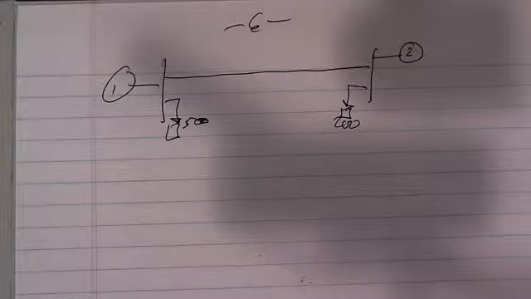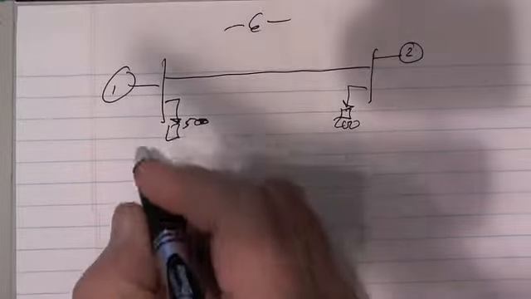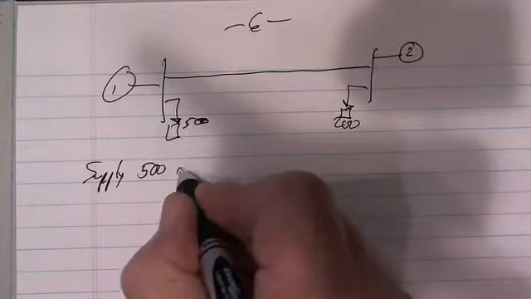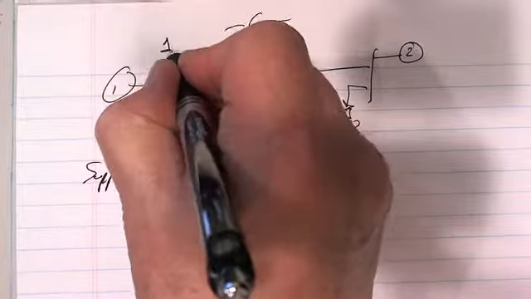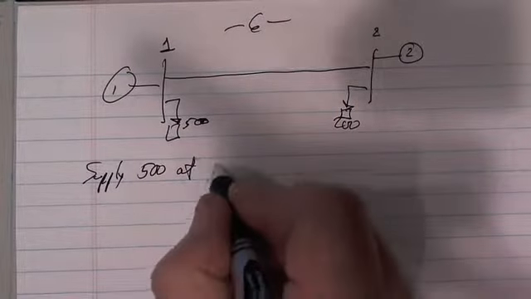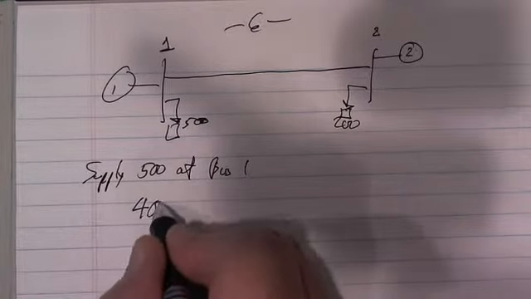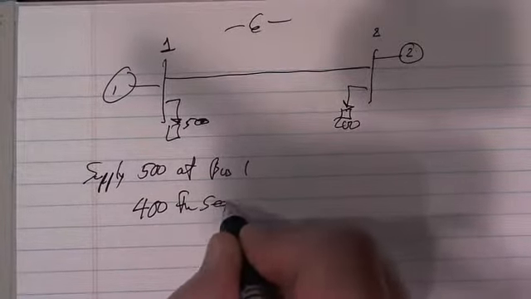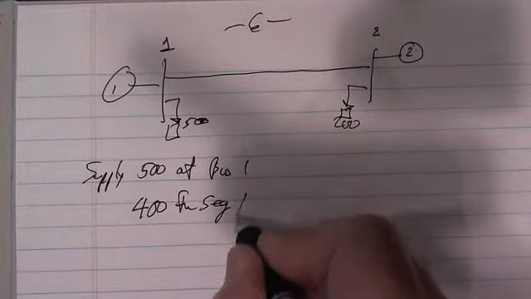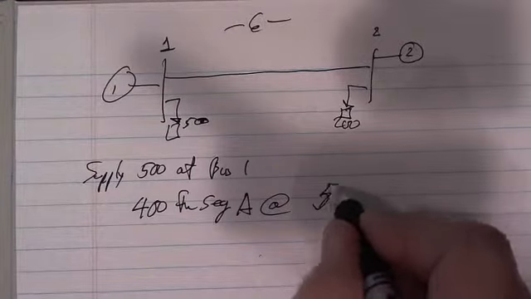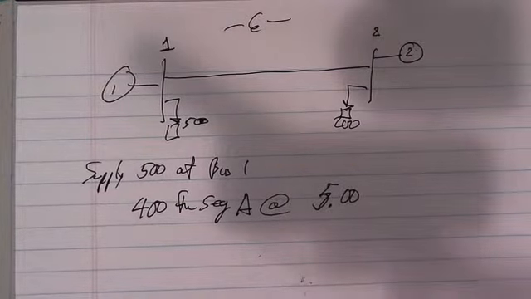Well, I'm going to start with the cheapest. Supply 500 at bus 1. I'm going to buy 400 from segment A at 5.00. In fact, that's all of it.